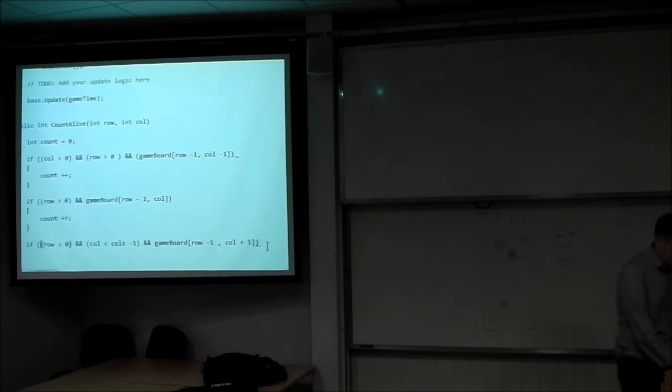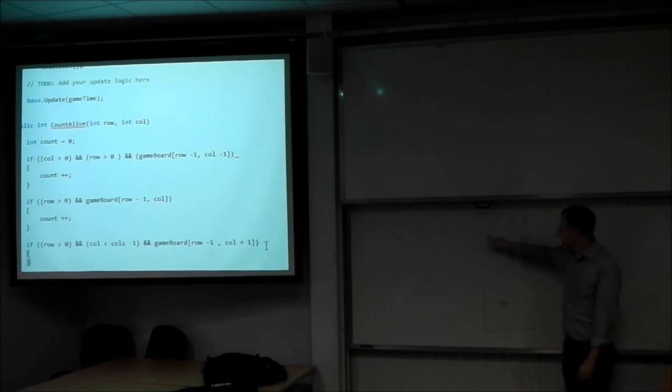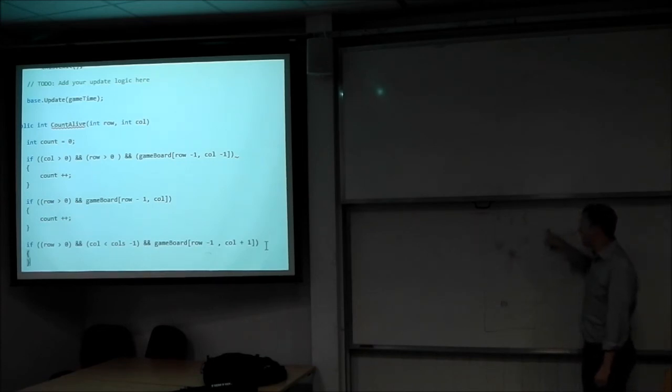Alrighty, so just think about this one for a sec. Now I'm checking this cell here, okay? So the first thing I need to check is to make sure that the row is greater than 0, because I can only check it for this one. I can't check here, because then I'm going to go -1 for the row. And then the next thing I'm going to check is the column. Let's see how many cells here. 0, 1, 2, 3, 4, 5.